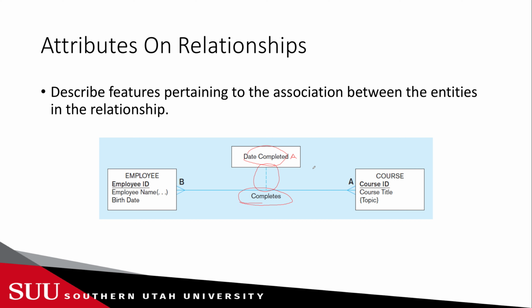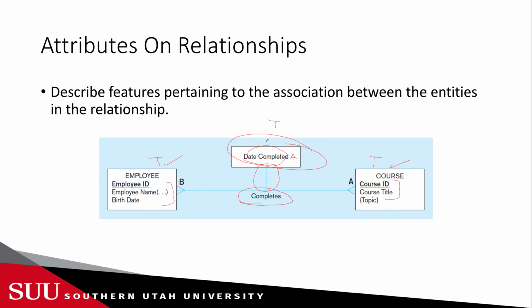Now, if we want to represent this in a database, we said the entities are what's going to be our table. So this is going to be a table, this is going to be a table, and I will be able to store whatever in here in this table and whatever in here in this table. But where will I store this? So I don't have a table for this yet. So I need to do some kind of modification.